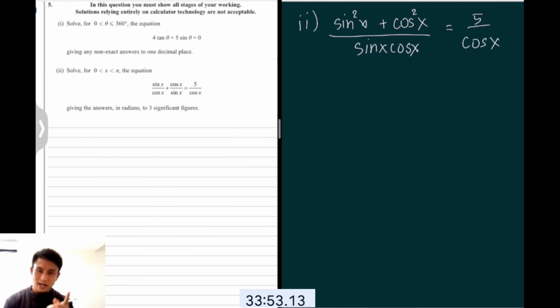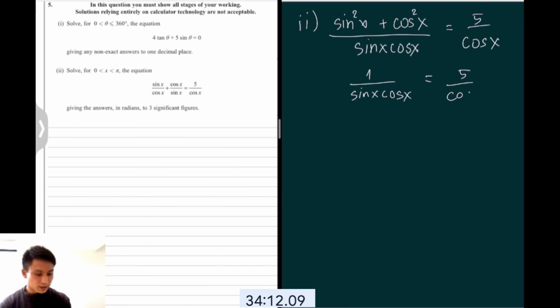Now, note that we can't cancel the cos here. If you think that you should multiply cos x on both sides to cancel the denominator cos x there, don't do it just yet. Keep it, because it might contain some answer. So the top bit would be 1 divided by sin x cos x equals 5 over cos x.